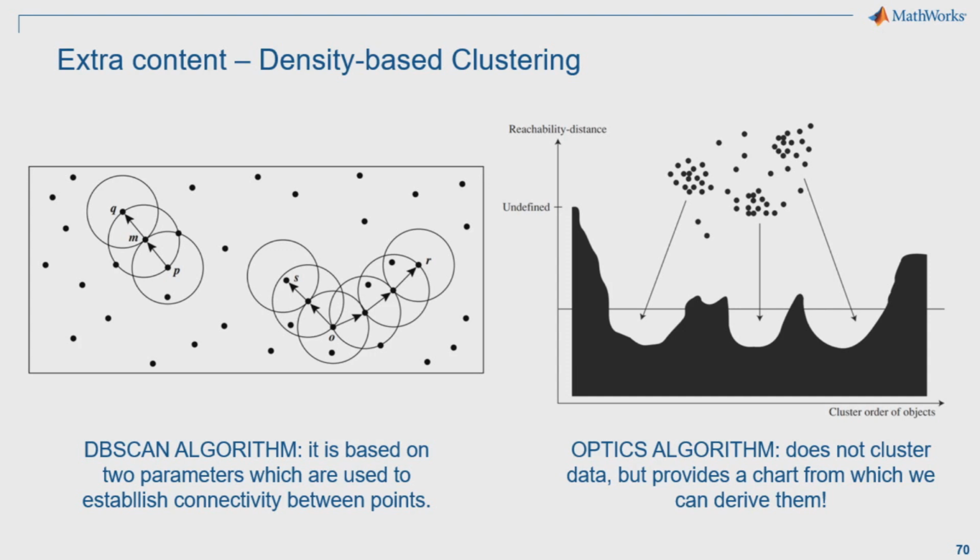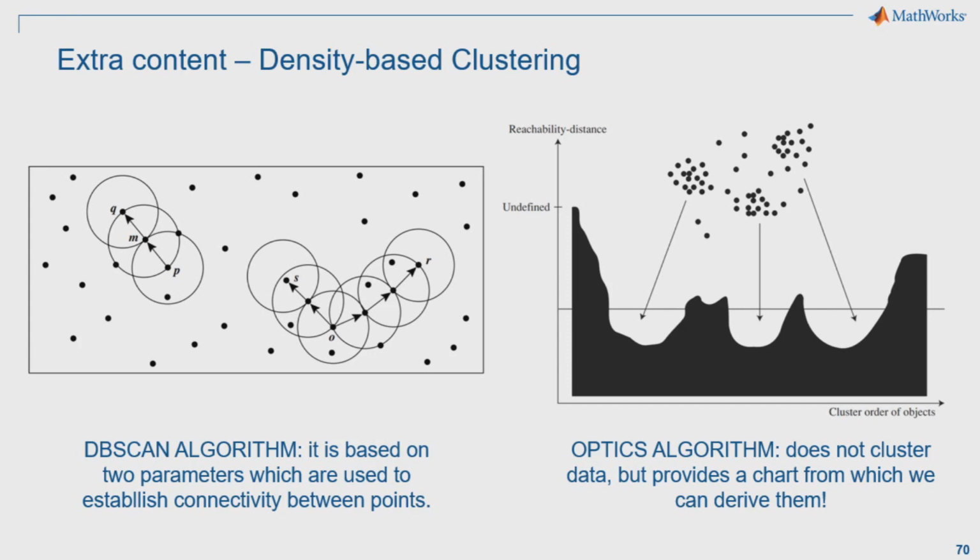In particular, the two most famous algorithms that you can find are the DBSCAN algorithm, which is based on the choice of two parameters: a parameter specifying the radius of a neighborhood of a point, also called epsilon, and another one, the minimum number of points that you want to see in that specific neighborhood, sometimes called min points.